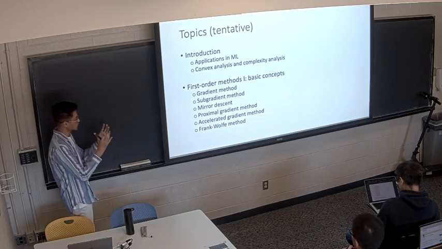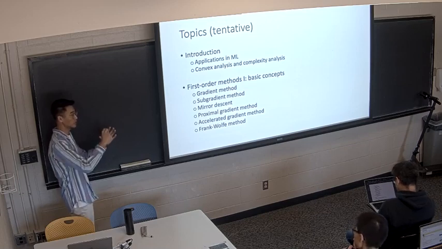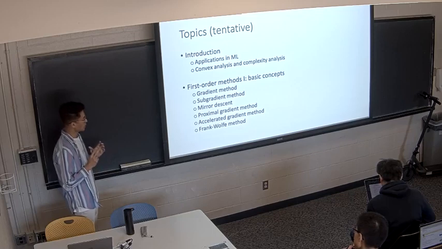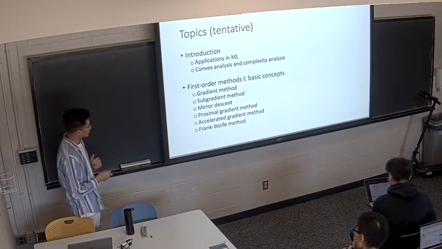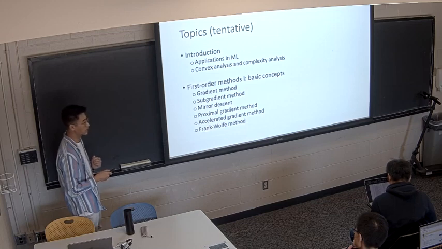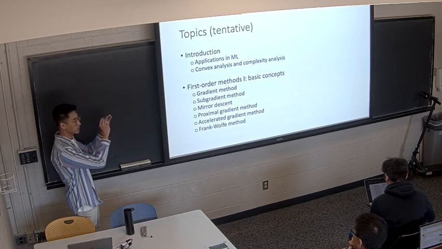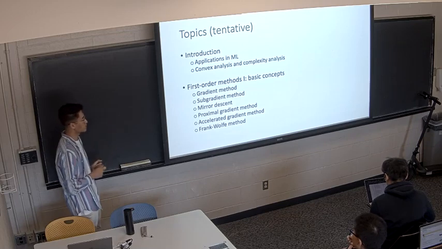So because the constraint is a set, you want to go back to that region. This is a projection step. A projection could be expensive in many cases. So the benefit of projection-free or Frank-Wolfe is that you do not need to do any projection. Your search point is always within the region. So this is a benefit.